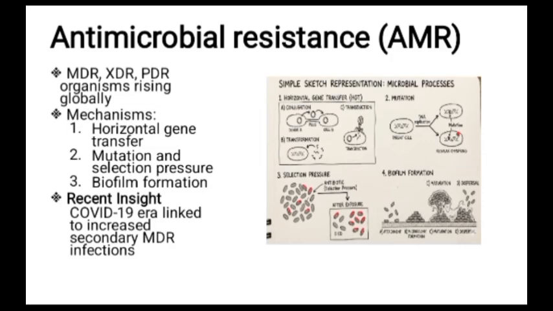Whereas if a particular pathogen is resistant to 2 or more classes of antibiotics, it is an extensively drug resistant pathogen. But in a situation where a pathogen is resistant to all classes of antibiotics, it is termed a pan-drug resistant pathogen. This is a resistance that we are recording virtually every year.